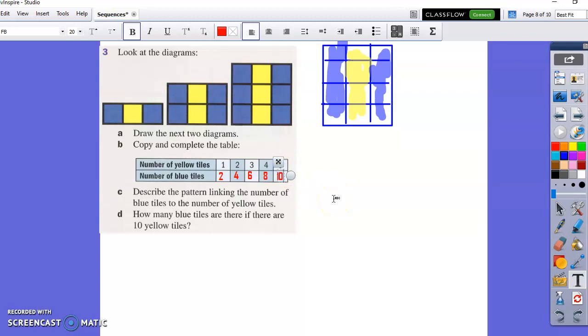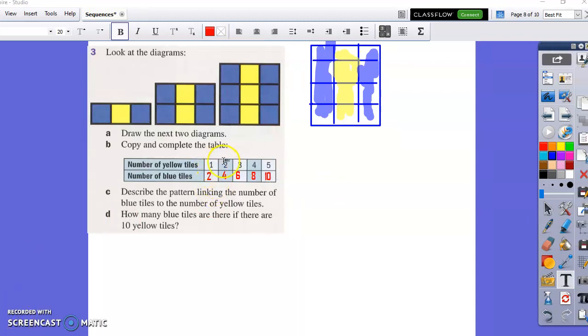So how can we relate these numbers? In fact, we have added 2 in each of these terms. So if this one increases with 1, the blue ones increase with 2, but the relation between yellow and blue is 1, 2, 2, 4, 3, 6, 4, 8, 5, 10. So this number is doubled.